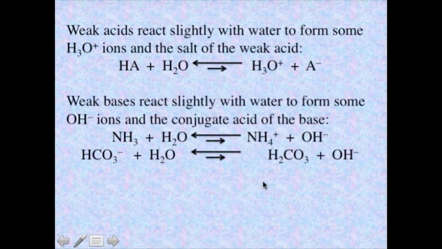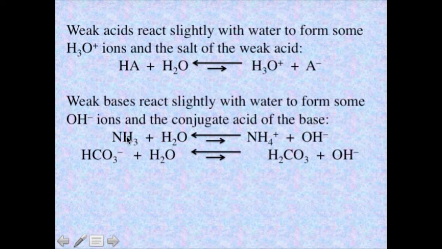Now, we've just seen how weak acids react slightly with water to form a little hydronium ion and the salt of the weak acid, right? Well, it turns out weak bases react slightly with water to form some hydroxide ions and the conjugate acid of the base, just enough to make it a slightly basic solution.